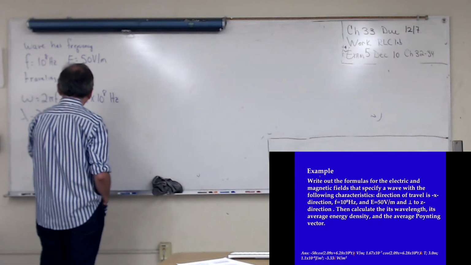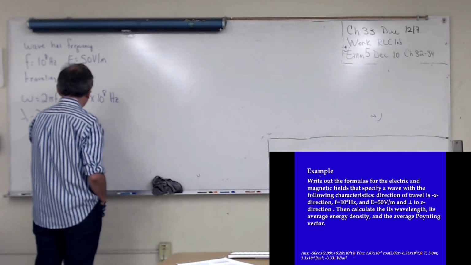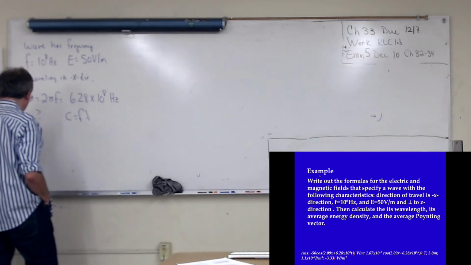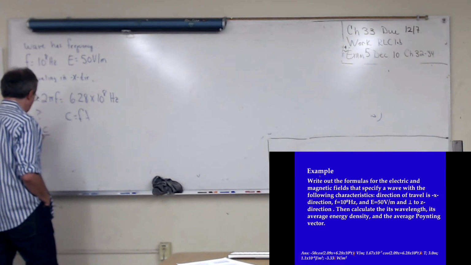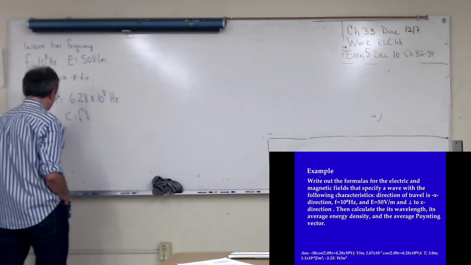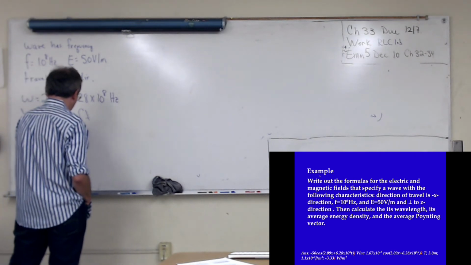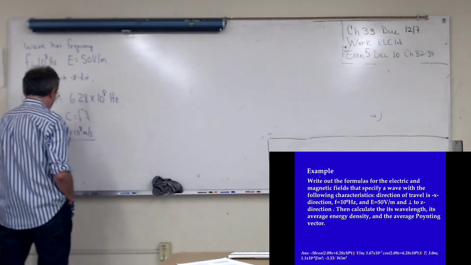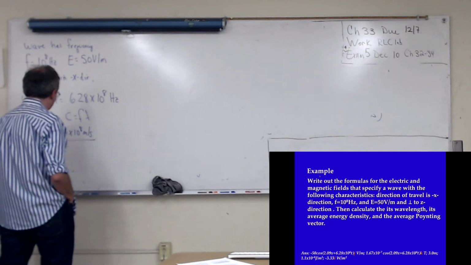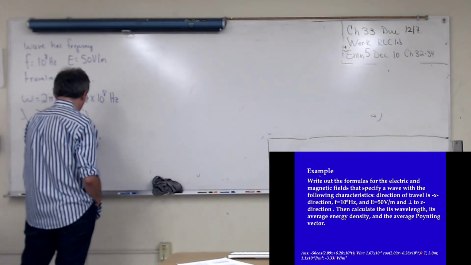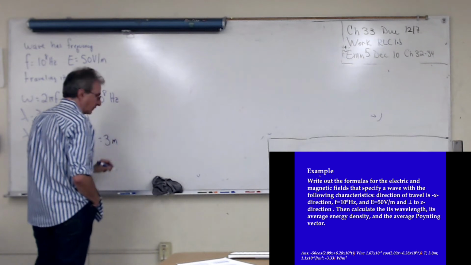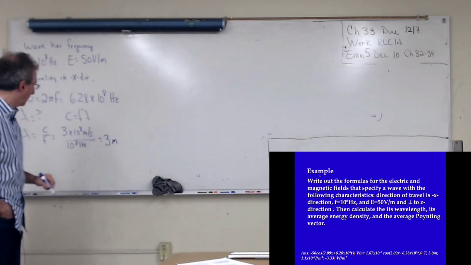Well, we know that C equals F lambda. So lambda is C over F. 3 times 10 to the 8th meters per second divided by 10 to the 8th hertz equals 3 meters. So the wavelength is 3 meters.